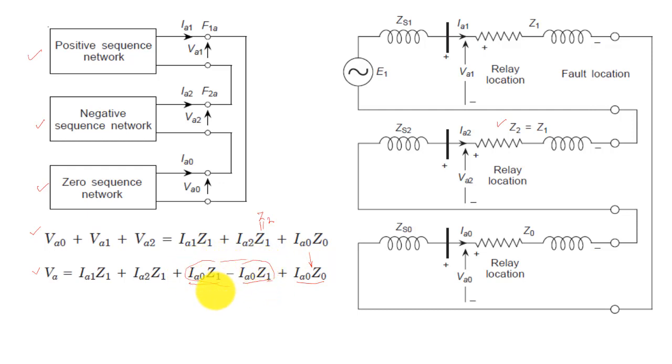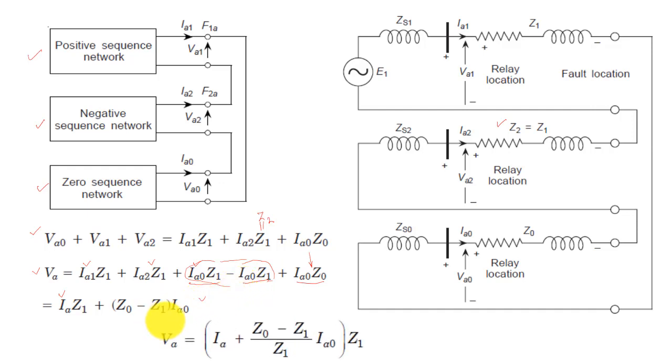So I can write this equal to, by taking common Z1, IA1 plus IA2 plus IA0, that is equal to IA. So IA Z1 plus Z0 minus Z1 into IA0. So this will be your equation.